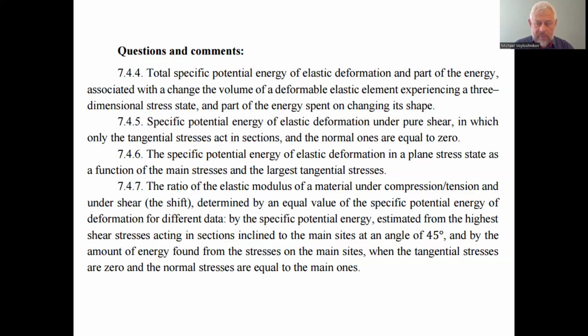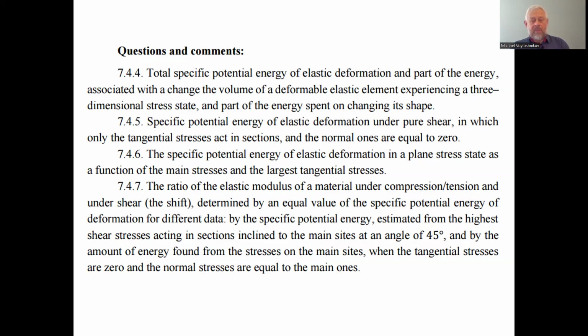After a definition of the variable from the main normal stresses to the tangential stress, we can simplify the equation and find the correlation among the constants of the elastic material, as moduluses of elasticity and the ratio of Poisson.